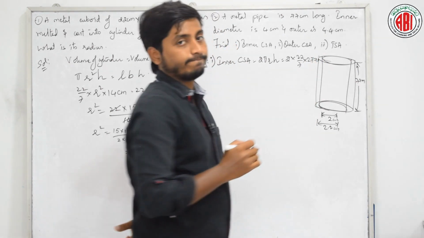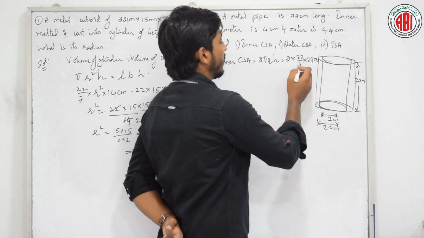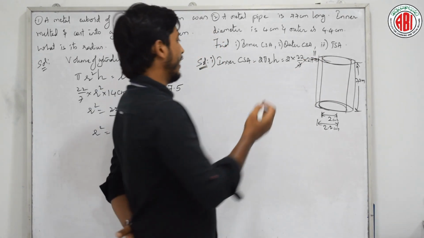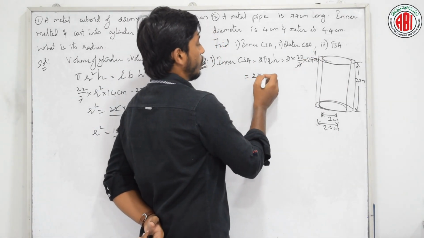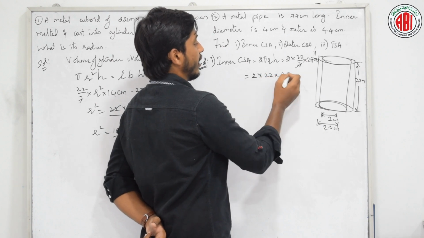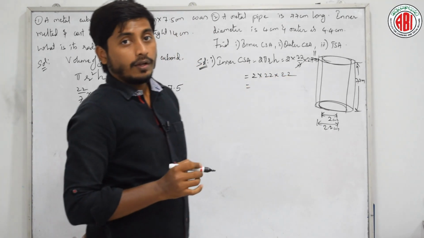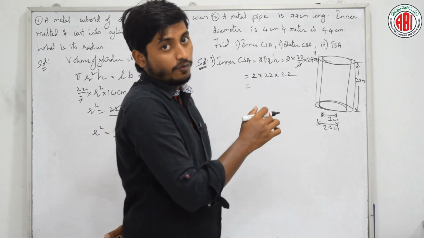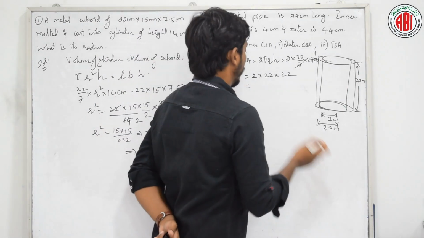Now if possible cancel: 7 ones are 7, 11s are. Yes, we can do that, right? That is nothing but 2 into 22 into 2, 11 twos are 22. 22 22s are, tell me, 484. 484 2s are.